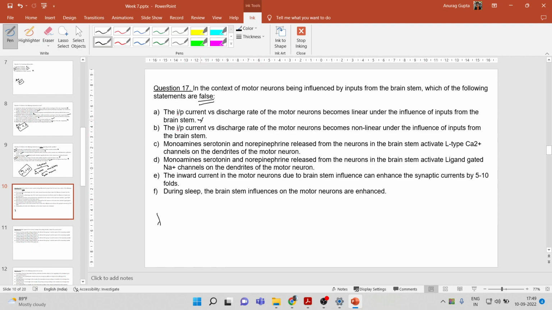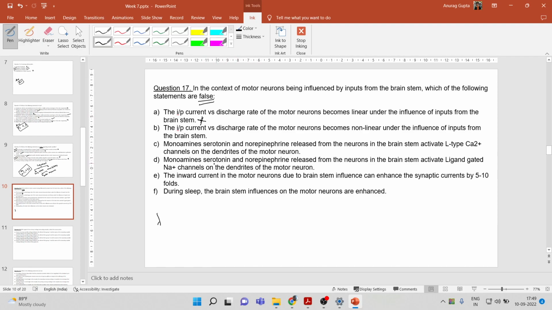The brainstem has these monoaminergic neurons, which release, if I'm not wrong, I'm not able to recall what exactly it releases.